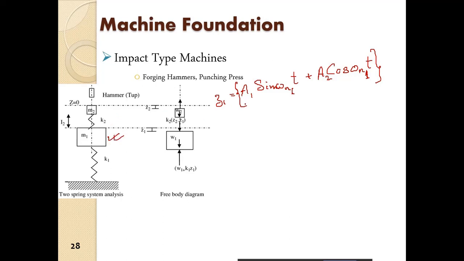And this will be plus b1 sine of omega n2 t plus b2 cos of omega n2 t.